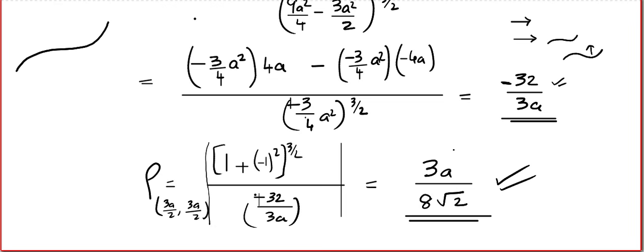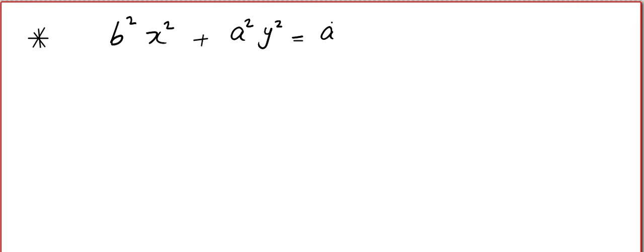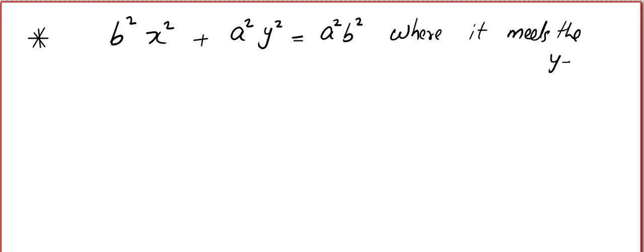Let's go for another question. Okay, that's very interesting. Find the radius of curvature of b square into x square plus a square into y square is equal to a square into b square, where it meets the y-axis.